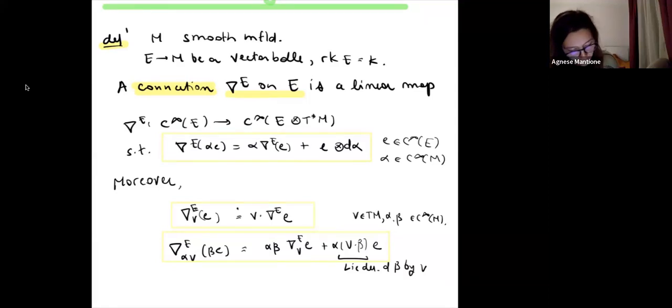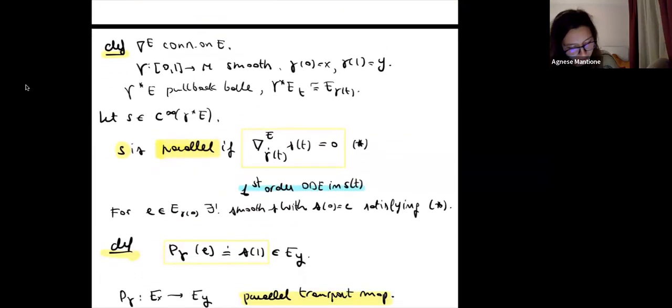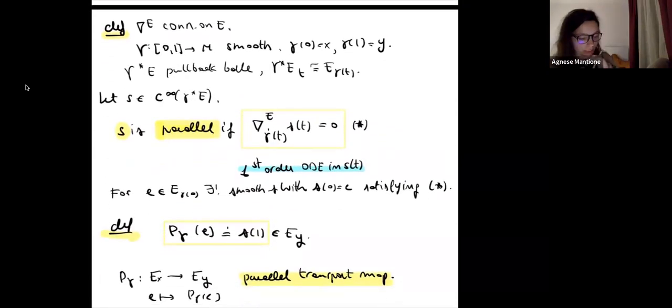Okay, so with this in mind, we can define what a parallel section is. In the picture that I showed at the beginning, we took a loop on our manifold, but in general, one can look at a smooth curve with initial point x and final point y, and take the pullback bundle.